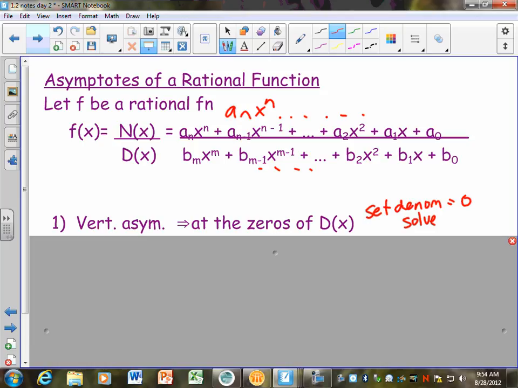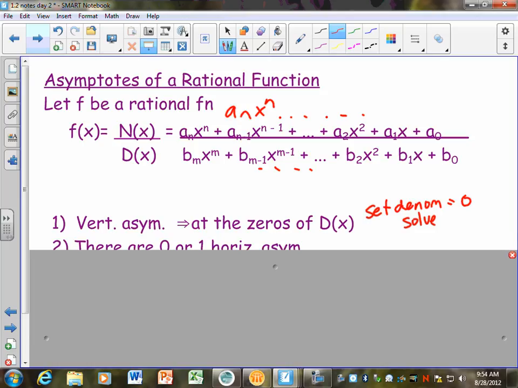We also had horizontal asymptotes, and there are rules for these, and that's why I wrote this out. You might think, why would she show me such a terrible thing? Because horizontal asymptotes have to do with the degree of the numerator and the degree of the denominator. There are 3 options, and even if the bell rings, I want you to stay right here.